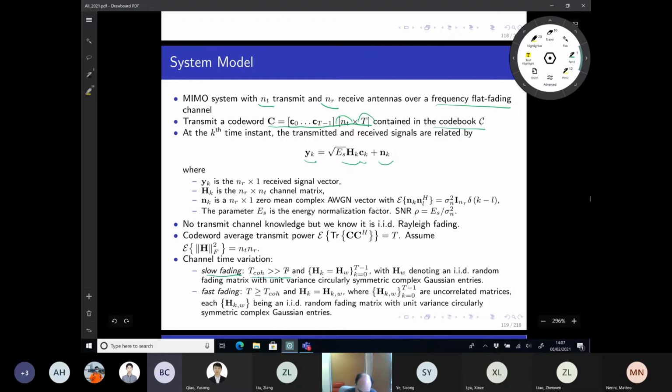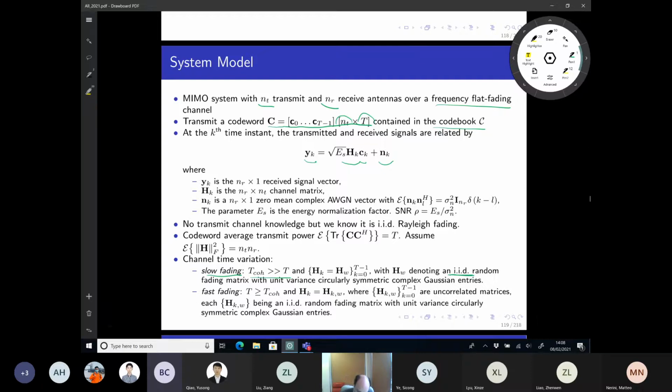So the coherence time of the channel is much longer than the duration of that code word T. And in that case, I can simply drop the index k, and I can say, okay, my channel is simply constant, right? I'm going to assume that the channel is coming from a distribution, and we're going to assume here it is IID distributed, right? So this is the slow fading case.